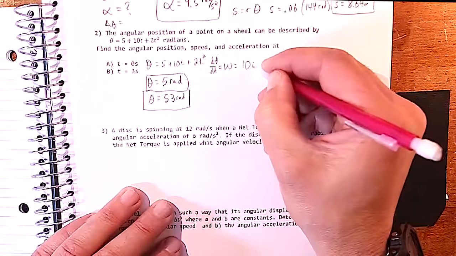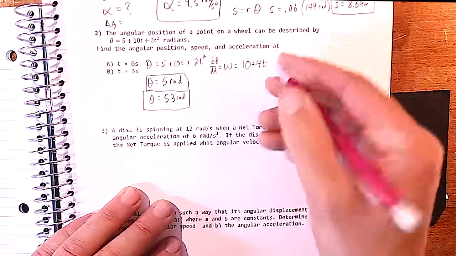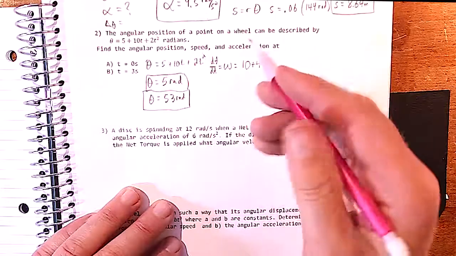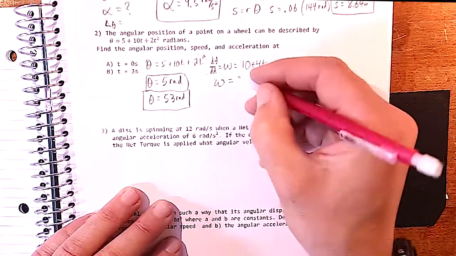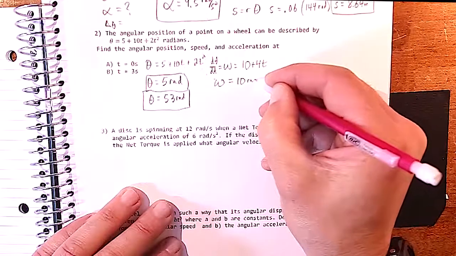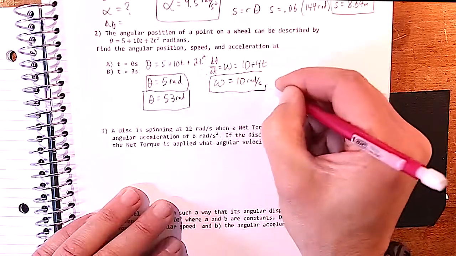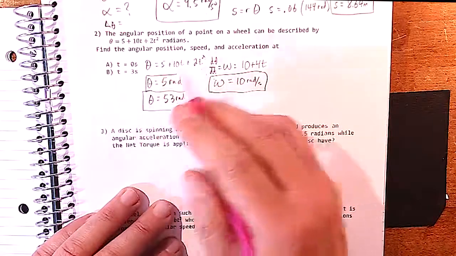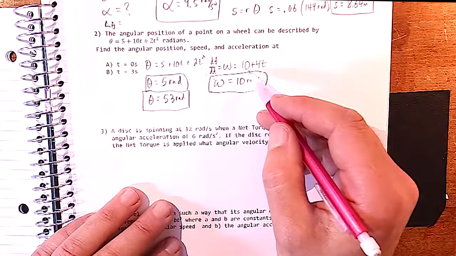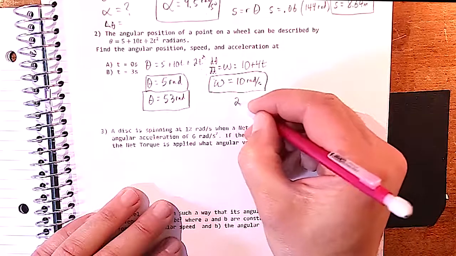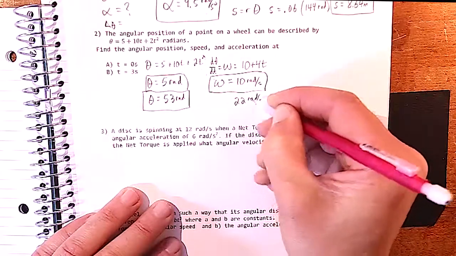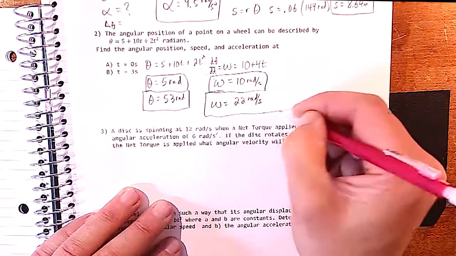So we have 10 plus 4t. Put in 0, so the angular velocity at 0 seconds would be 10 radians per second. And at 3 seconds, that would just be 10 plus 4 times 3. So that would be 22 radians per second for the angular velocity.